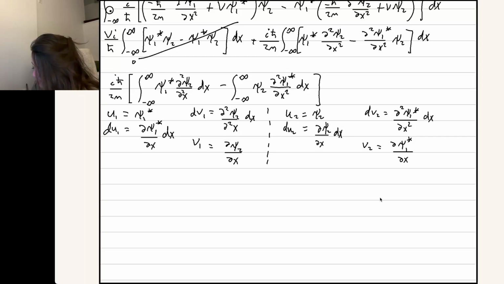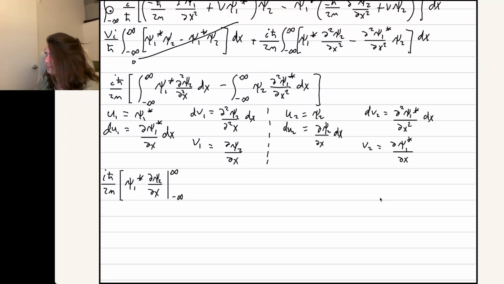After doing that, we can rewrite our integrals. The form for integration by parts is given by uv, so we'll have psi 1 star del psi 2 del x evaluated from minus infinity to infinity, and since we know that wave functions converge to 0 at minus infinity and positive infinity, this will just go to 0, so no worries about that.